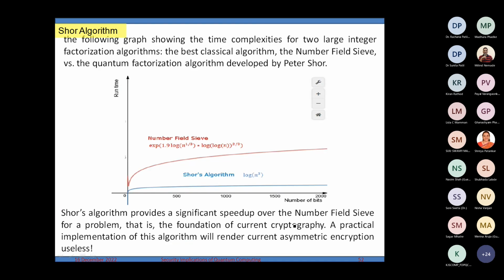This is about Shor algorithm. As I said, though there are algorithms such as the number field sieve which calculate the factorization problem, the Shor algorithm has much lower complexity, or greater speed-up, compared with the other algorithms that are there.